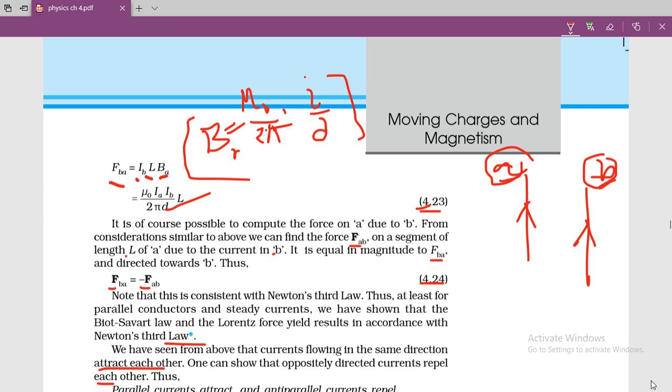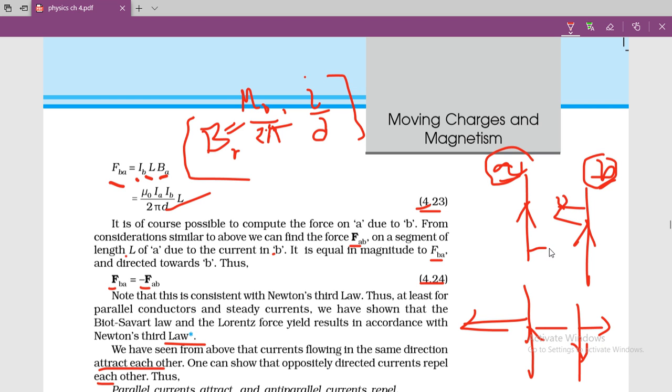So in this case you can see current in both the conductors are in the same direction, so they must attract each other, whereas when currents are in opposite directions, then they repel each other. So the directions of force are opposite to each other. In this case they attract each other.